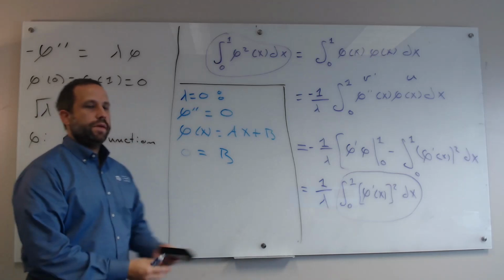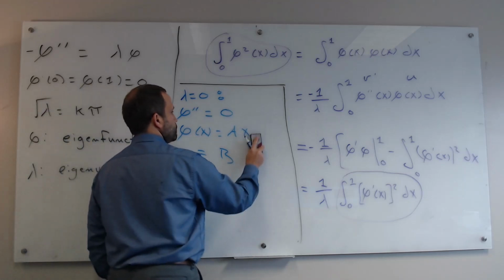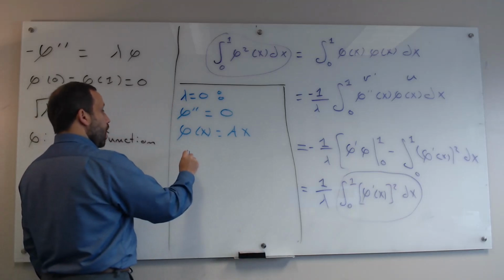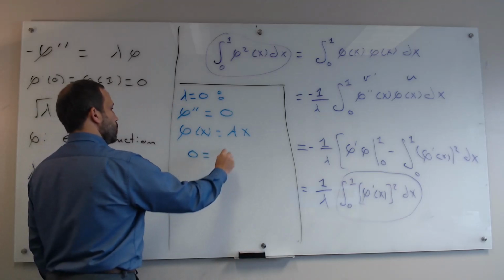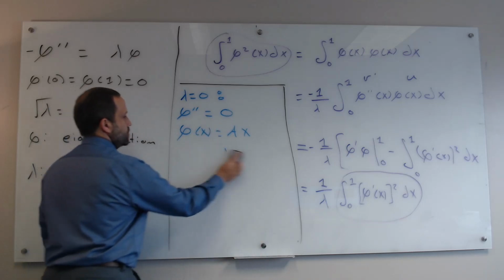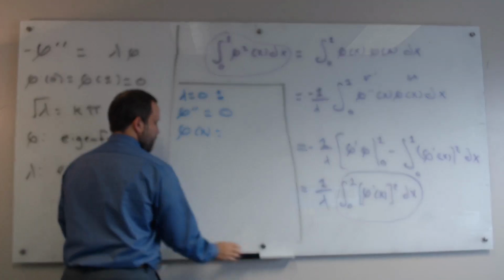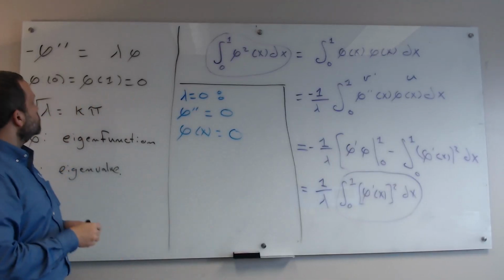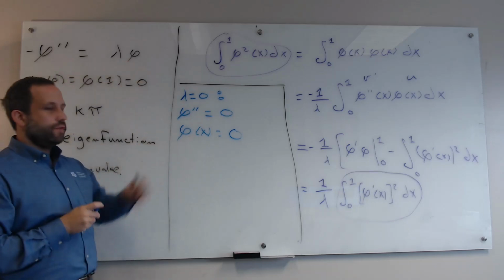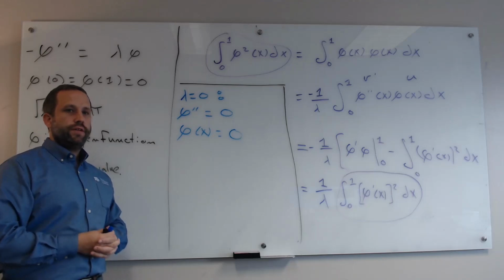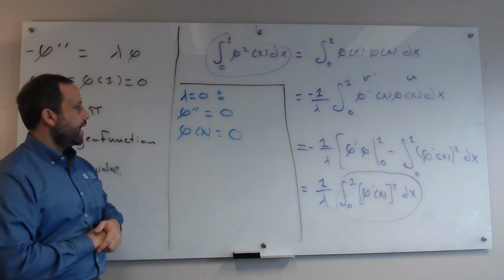So that tells us b has to be equal to 0. Okay, if you plug in 1, you get 0 is equal to a times 1, which is just a. So that tells us a has to be equal to 0. So phi of x is equal to 0. So the only solution to this is the trivial solution phi. We don't care about that because that doesn't help us build solutions to differential equations or really do anything else.